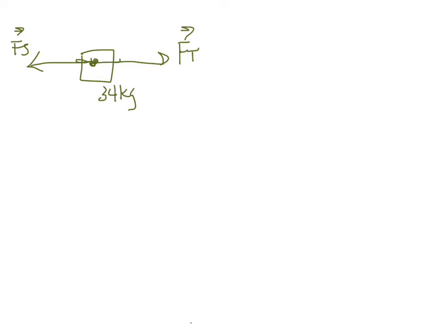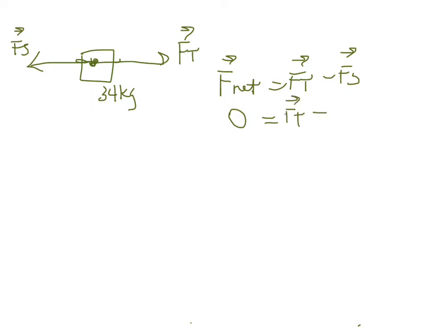So let's write an F net equation: Ft minus the force of static friction. Because these sleds are not moving, our F net is equal to 0. Then we can move our force of static friction over to the other side, so our force of static friction is equal to our tension force.